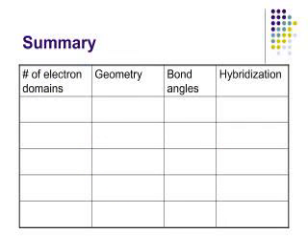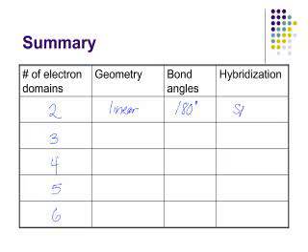All right, so let's summarize this. Number of electron domains: 2, 3, 4, 5, and 6. Well, if I have 2 electron domains, the geometry is linear. I know my bond angles are 180 degrees, and my hybridization is sp. If I have 3 electron domains, that is a trigonal planar geometry.